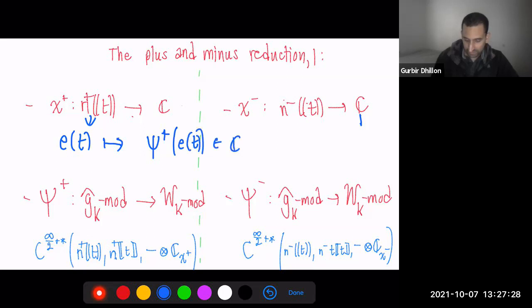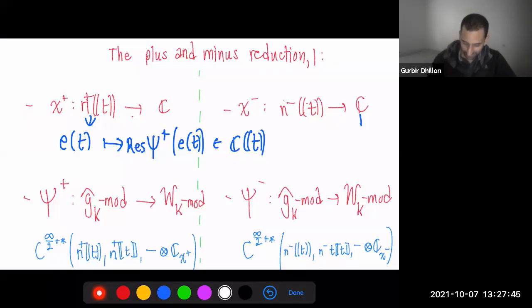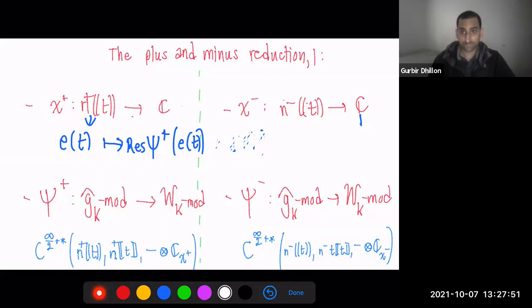That would now be a Laurent series. To make just a number out of it, we need some canonical thing that goes from Laurent series to numbers, and up to the difference between Laurent series and Laurent one forms, there's only one reasonable option, which is you take the residue. Okay, so the key point is that this residue operation is some canonical, coordinate invariant thing you can do. And that's roughly why this plus reduction is going to play nicely when you start trying to move on a curve.